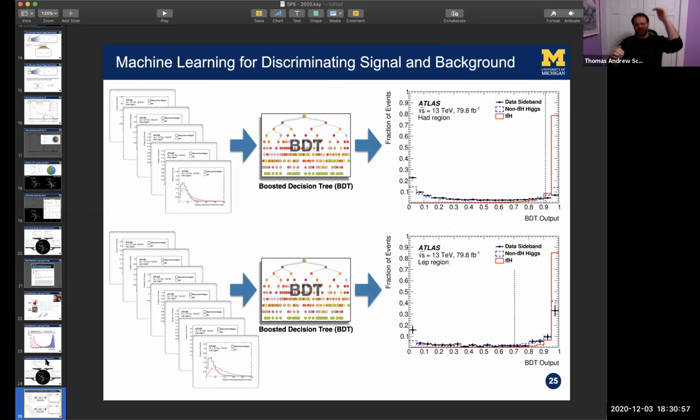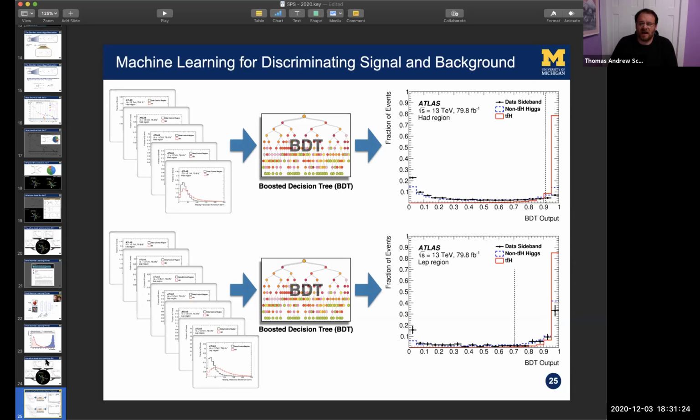That's what the top and the bottom here are: the top is all jets and the bottom is when there happens to be a lepton present. So we're just separating out events that have different backgrounds. On the left-hand side, you can see all the kinematics. They all get fed into a boosted decision tree, like the one we just showed, that's really good at separating backgrounds and signal. And then on the right-hand side, you can see how they separated everything out.